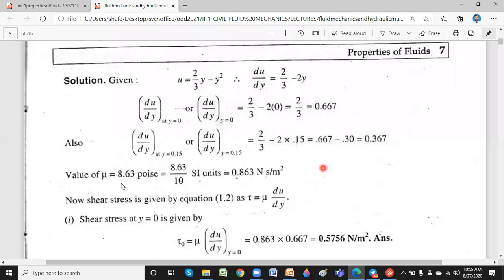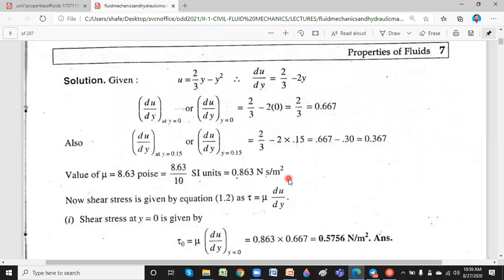And mu is 8.63 poise. As I said, you have to keep it in SI units. 1 poise is 1 by 10 Newton second per meter square. You remember, write it down. So 1 poise is 1/10 or 0.1 Newton second per meter square. So the value of mu in SI units is 8.63 by 10, that is 0.863 Newton second per meter square.